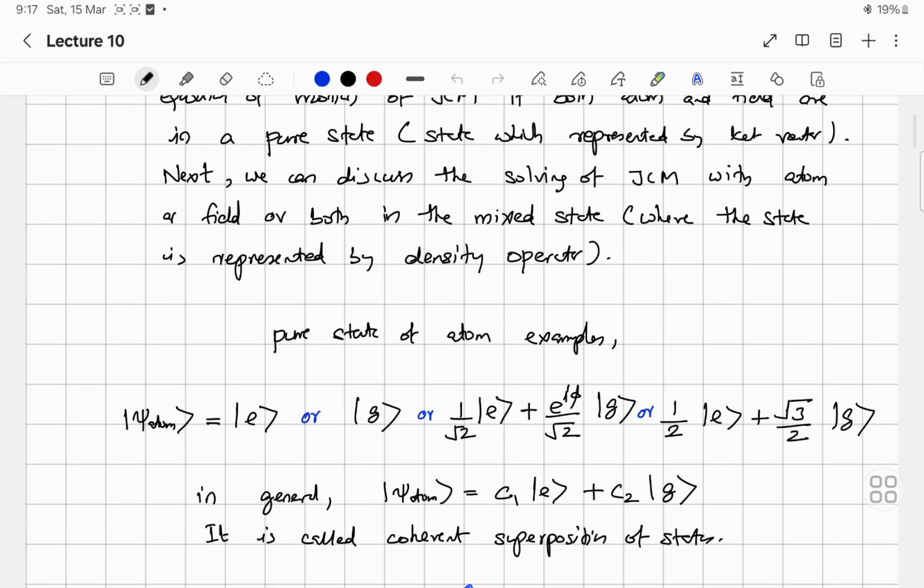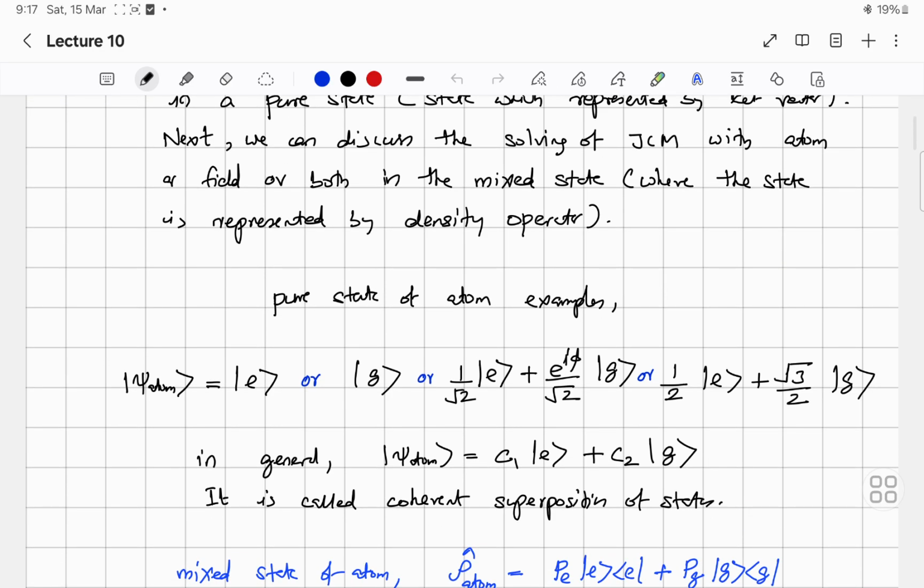So we can start with a pure state. Suppose an atom has a pure state, so either it can have the ket E or ket G, or it can be in a superposed state of ket E and ket G. There can be different kinds of superpositions. The first superposition is of equal probability. It can be either in E or G with equal probability.